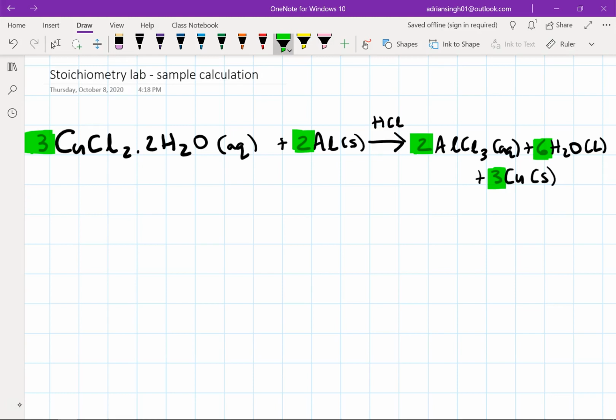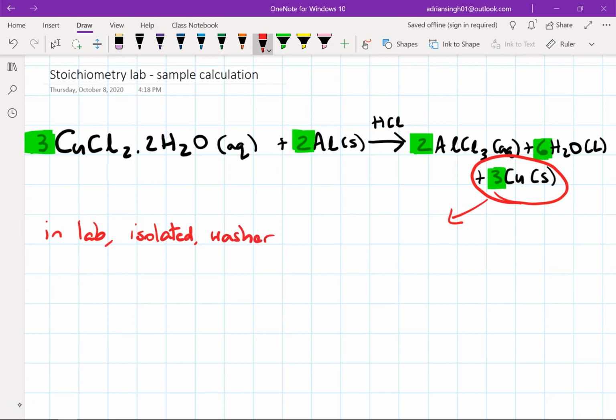So when you carried out this process, you were able to generate your copper product, right? In the lab, you made this, and then you isolated it in the filter funnel, you washed it in that Buchner funnel, and then we cleaned it, then we dried it, and then we allowed it to cool, and then we weighed it.